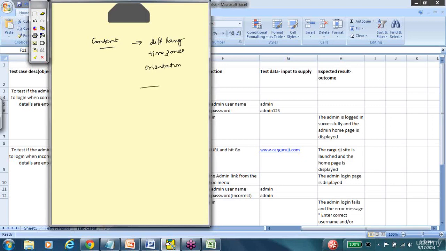For some countries we write left to right, in others they write right to left. But sites normally don't maintain separate pages. Let's say there is google.com. Do you think google.com will create different pages for each of these different countries and languages? No. The content that you have will simply get translated.